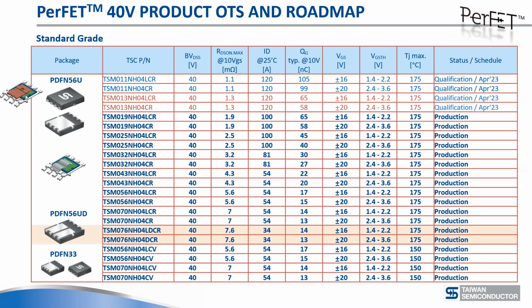Whereas with the copper clip, on the ones with the larger die, lower RDSON, the copper clip makes the attachment between the lead frame and the die. The difference is that the RDSON of this type of construction is 0.6 milliohm lower than this one. So there is an advantage to using this part.